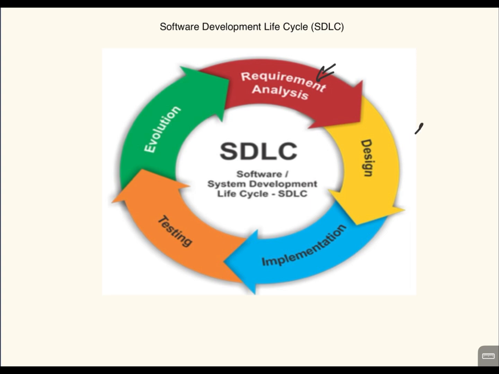So the next would be the design phase. In the design phase, we plan system architecture, data structure, and user interface, right? So we create software architecture, for example, data models, API structure, design for the front end, and identify technologies and frameworks, for instance, Java, Python, whatever programming language we need to write the code.